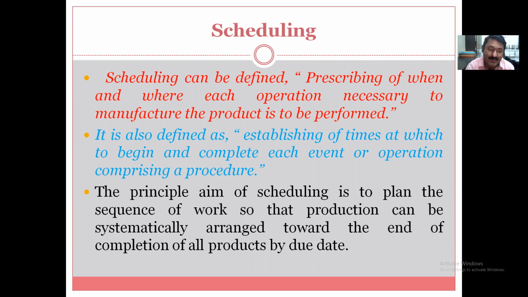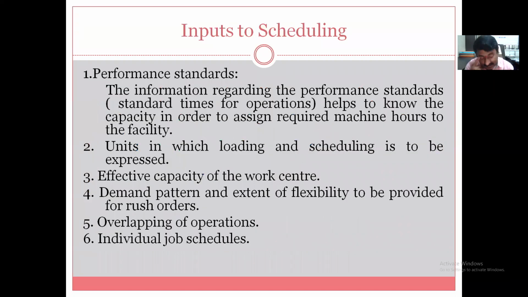It is very important. What is the expected date of completion, and are we achieving that? So the due date is also considered in scheduling. So these are different approaches. The main point is when and where the operation is performed, when it will begin, what time is required for that operation, and when it will end. These are the points in scheduling.